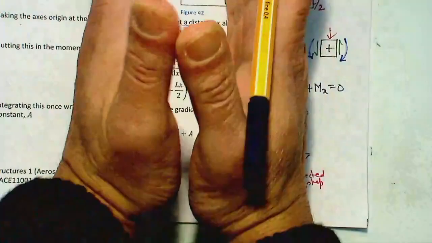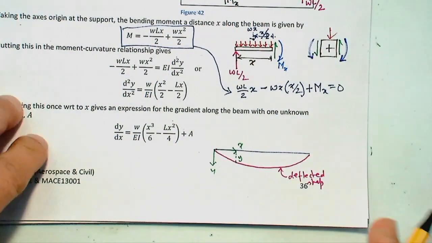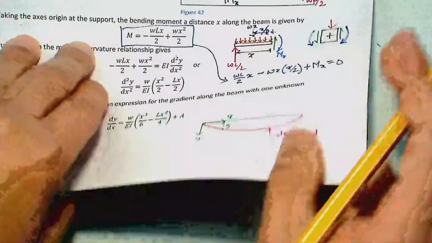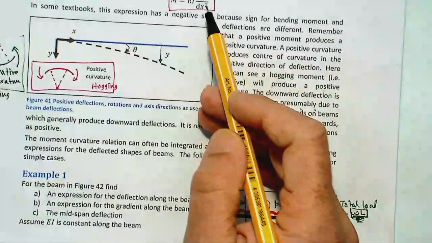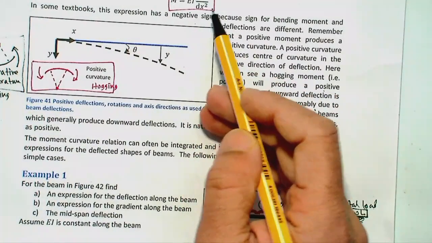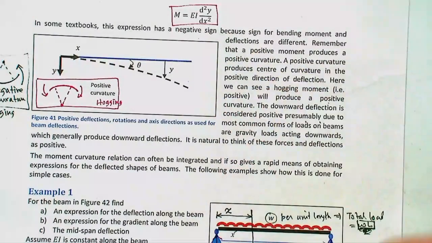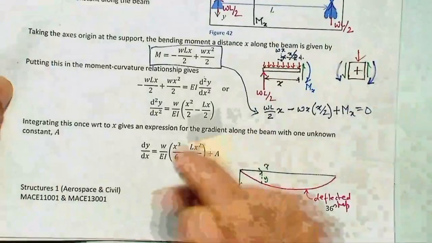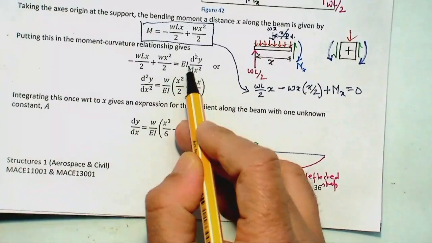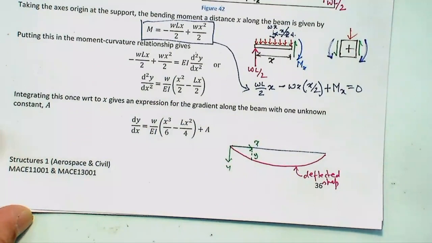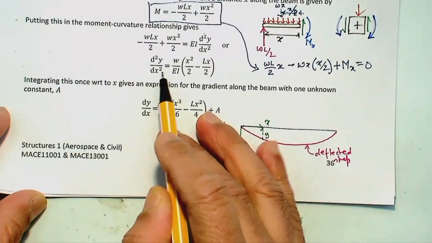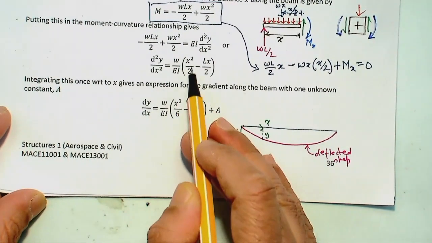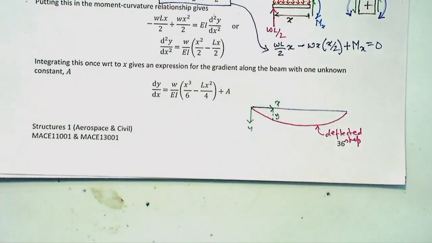So you take a distance x. Why do you do that? Because we are going to exploit the expression of curvature, which is d2y dx2, to calculate the deflection y, where y is the deflection. So EI d2y dx2 is the moment, or you can say d2y dx2 is W over EI times (x square over 2 minus Lx over 2).